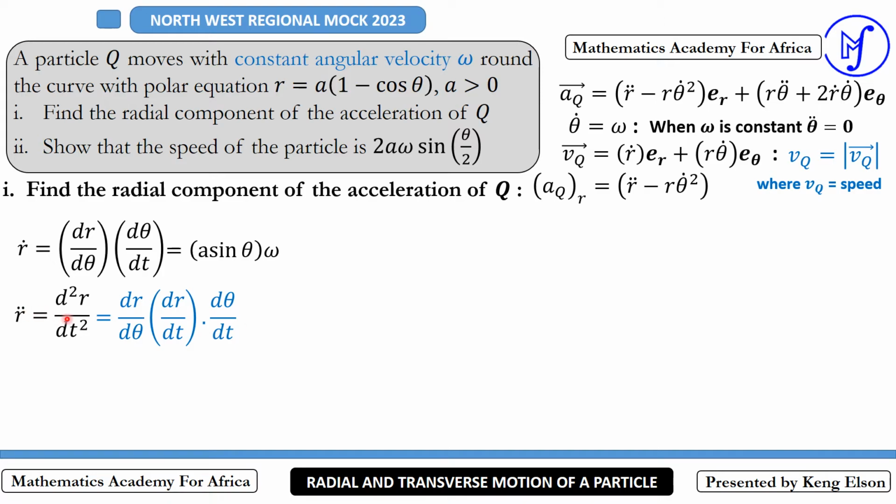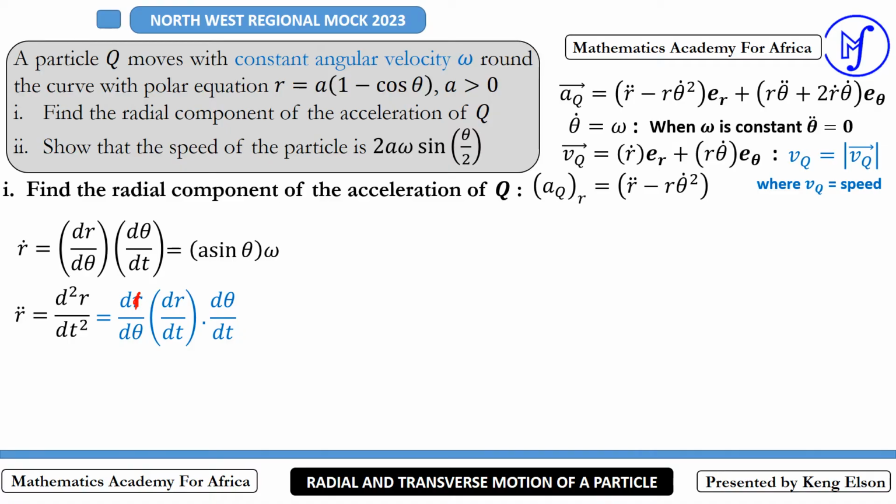R dot dot is written as d by d theta of dr by dt, then times d theta by dt. So this r is not supposed to be there. So it means that we should differentiate dr by dt with respect to theta, and then we multiply it with d theta by dt.